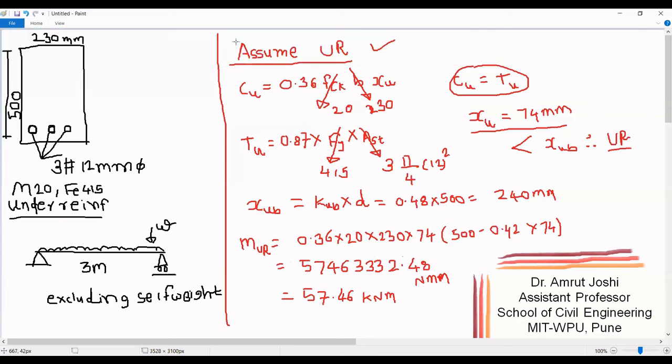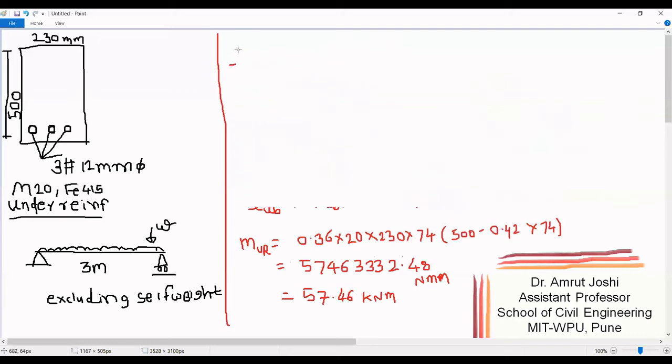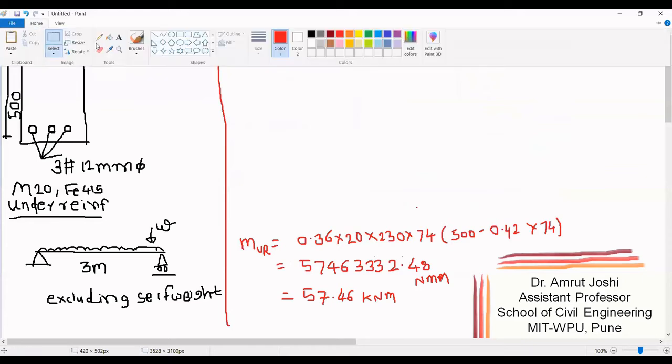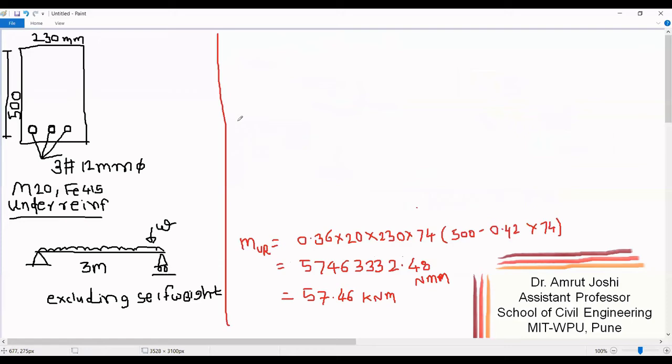Now let us say the total UDL on the beam, including its self-weight, which I will denote by WT, causes the bending moment of WT into L square by 8 at midspan.